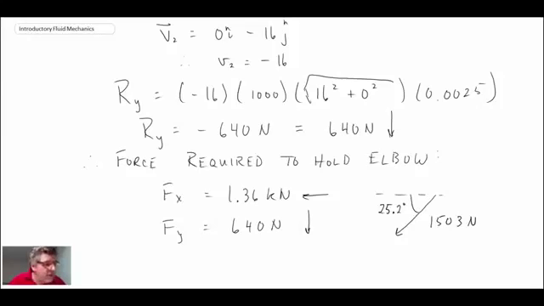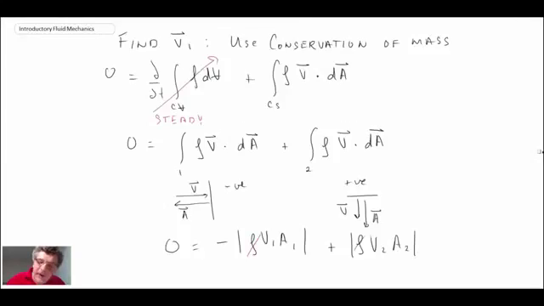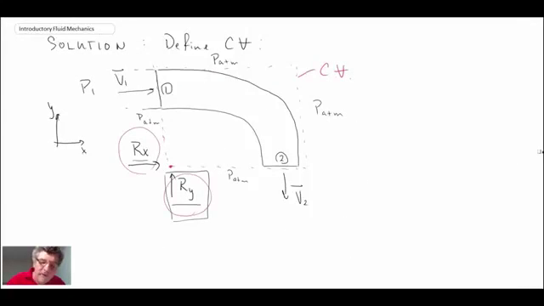One final note that I will make is, if you look back at our free body diagram, now let's see, where was it? Right here. We were computing the force on the control volume, and I should make a note there.